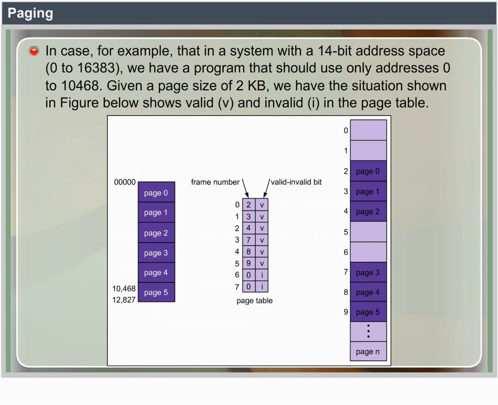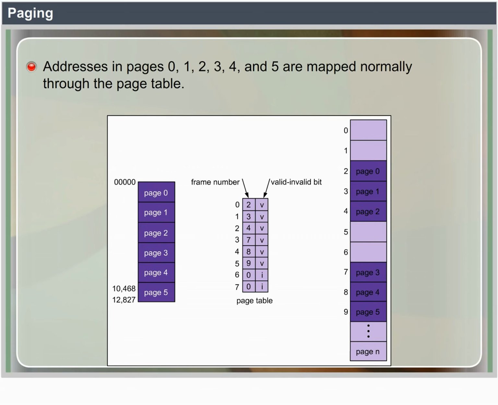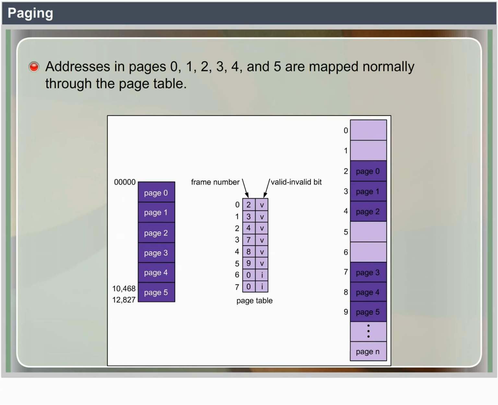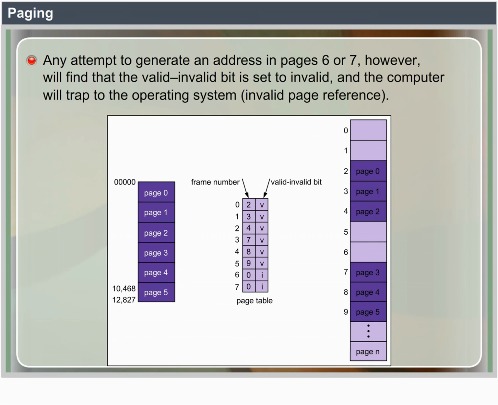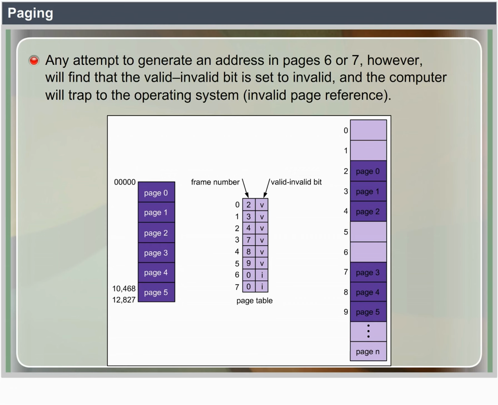Addresses in pages 0, 1, 2, 3, 4 and 5 are mapped normally through the page table. Any attempt to generate an address in pages 6 or 7, however, will find that the valid-invalid bit is set to invalid, and the computer will trap to the operating system, invalid page reference.